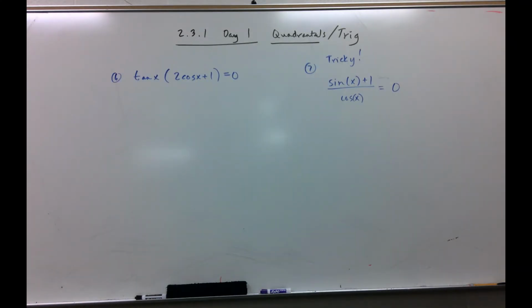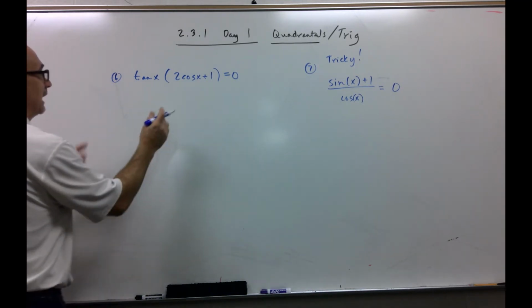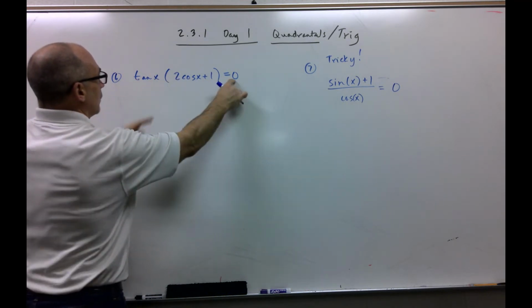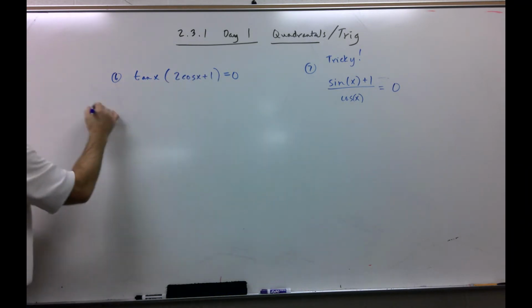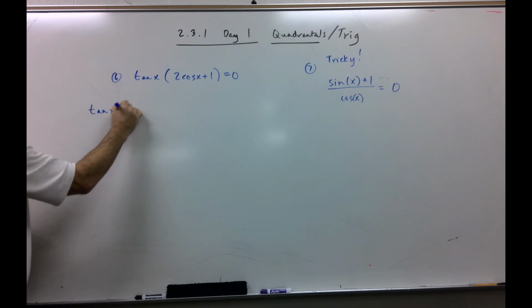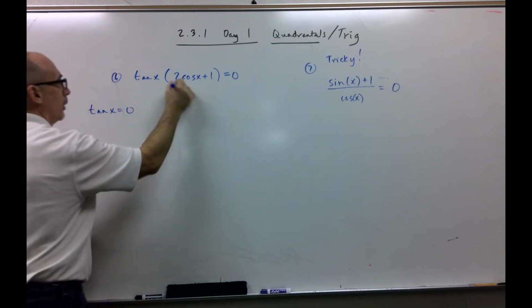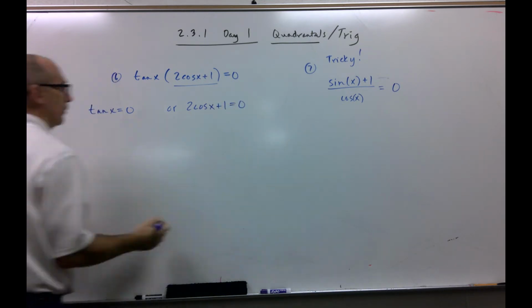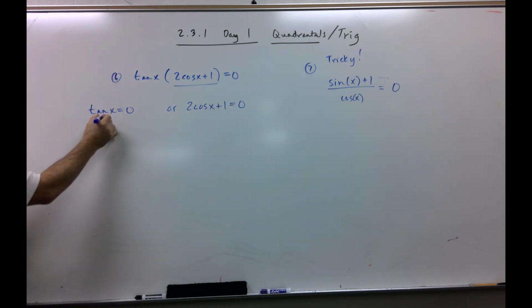Okay, kind of a long lesson, but let's tackle it. Again, like the previous example, something times something else equals 0, common sense. Tangent of x has to equal 0, or this, 2 cosine x plus 1 has to equal 0. Well, how can tangent equal 0? Well, what is tangent?